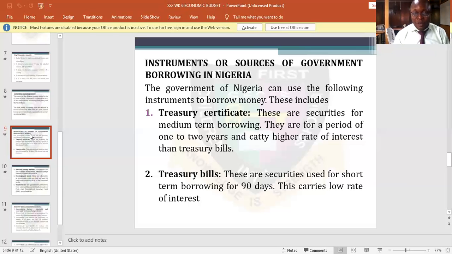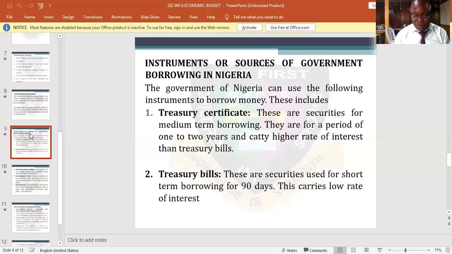When I'm talking about medium term, it simply means they have to repay after 1 year or more than 1 year, and they must have what is called collateral security. These are for a period of 1 to 2 years, and there will be higher interest on this treasury certificate than the treasury bill.